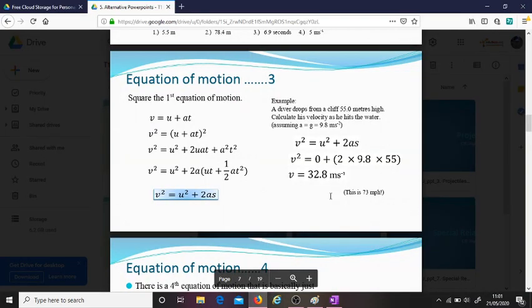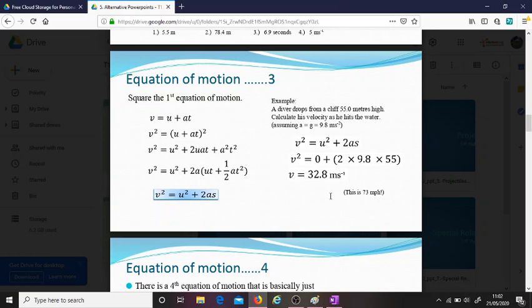So in this example then, so you've got a diver drops from a cliff 55 meters high. Calculate its vertical velocity as he hits the water, assuming that acceleration is due to gravity, which we would assume, 9.8 meters per second squared. So if you were to do that question then, you've got a displacement, you've got S, you've got A, so you need to work out its final velocity.